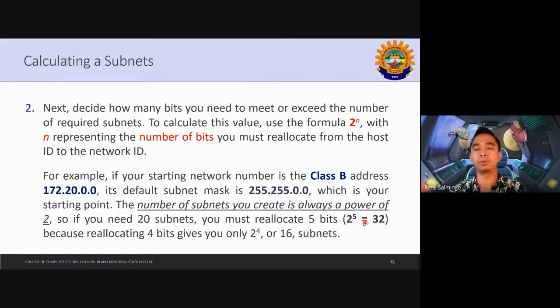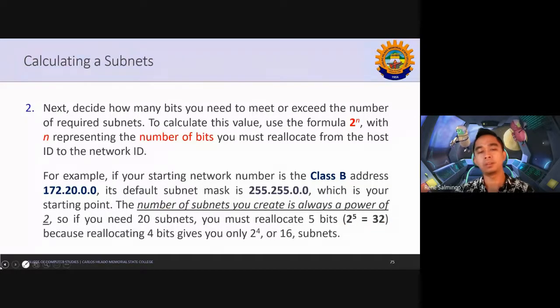Because 2 to the 4 is only 16, you could not accommodate 20 subnets in 16, but you could using 2 to the 5th, which is 32. So 20 subnets will be included in the 5-bit allocation.